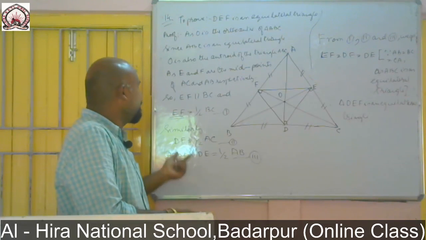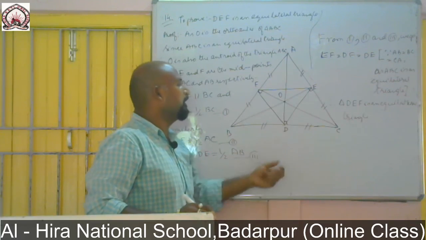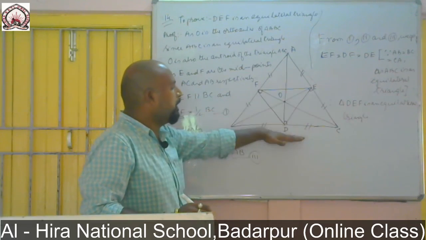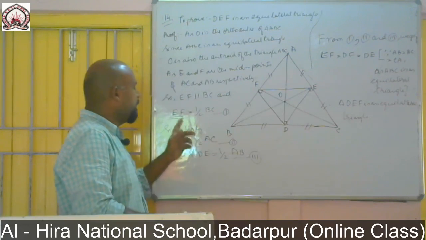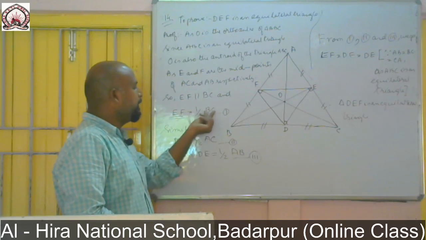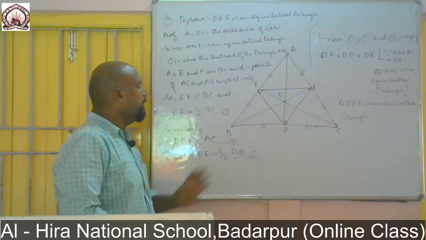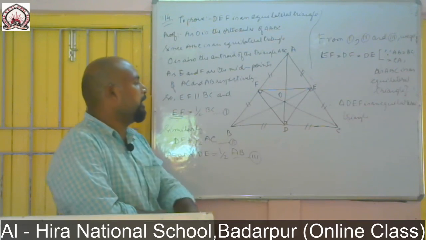So we can say this line EF is parallel to the line BC, and EF is equal to half of BC. Similarly, we have shown the others. Now BC equals AC equals AB. What is the reason? It is an equilateral triangle.